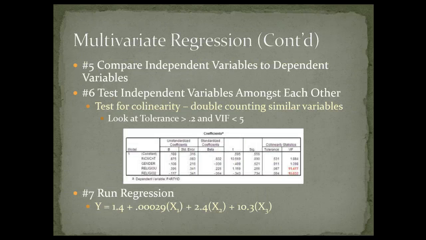Okay, step 5, compare independent variables to dependent variables. See how they look. Step 6, test independent variables amongst each other. What we're looking for is collinearity, which is double counting similar variables. And how we check for that is in the coefficients table in the SPSS output.